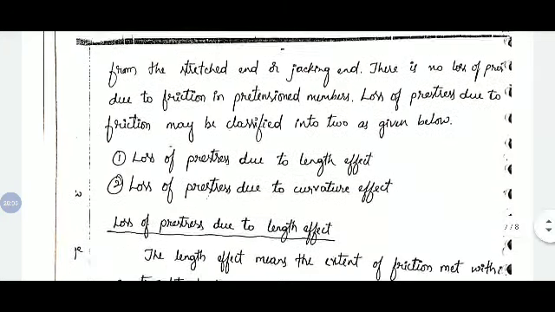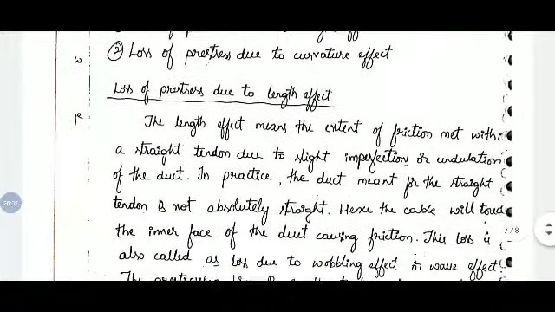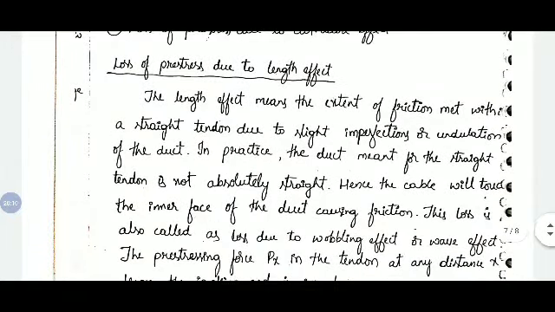So as the length of the member increases, the contact surface between the concrete and steel tendon increases. So because of that, as the contact surface increases, the friction increases.